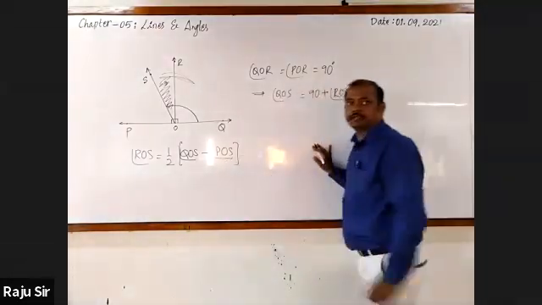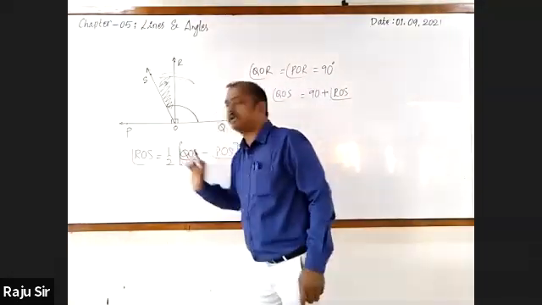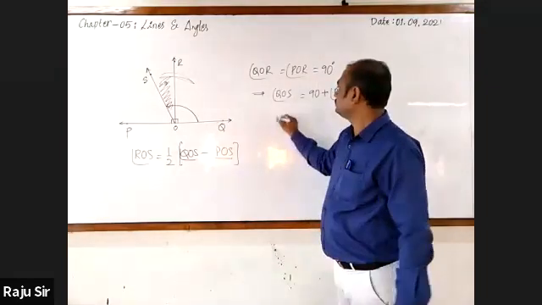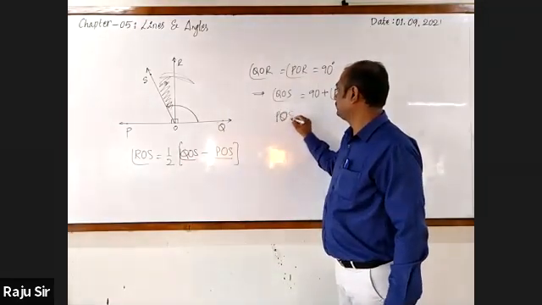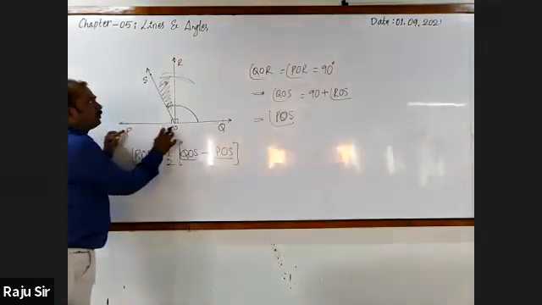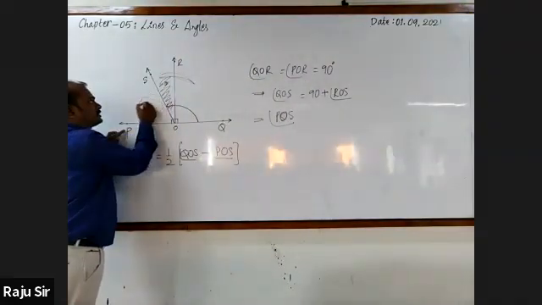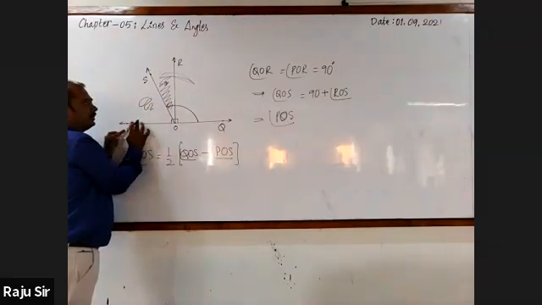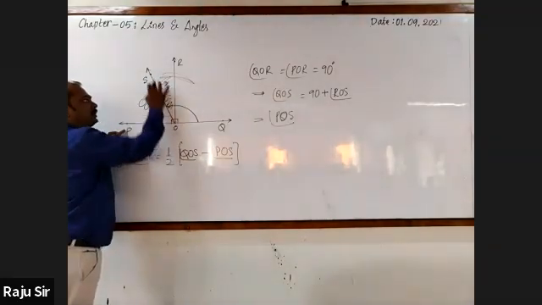Similarly, POS should be written in terms of ROS. Wait. POS, observe. This angle should be written in terms of ROS.